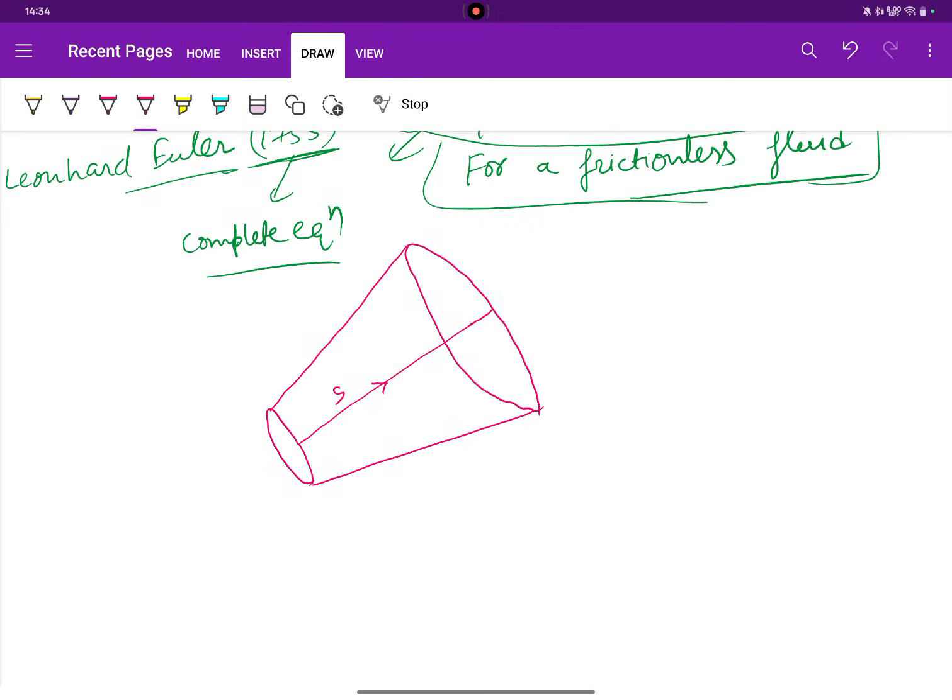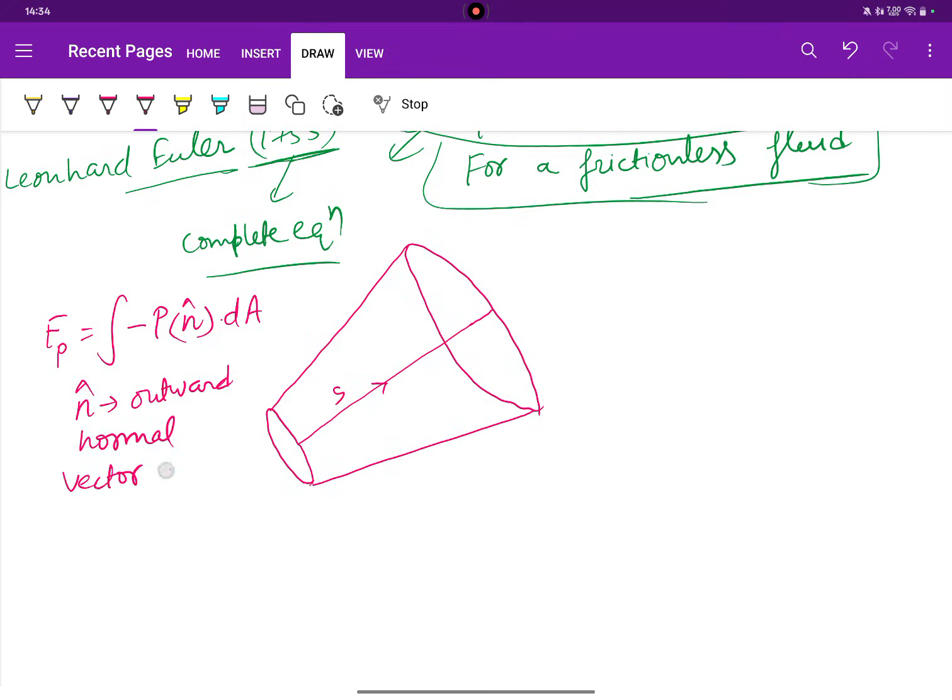So the pressure force, by the way how you estimate pressure force, is F_p equal to minus P n cap dA. Here n cap is the outward normal vector of the cross sectional area.